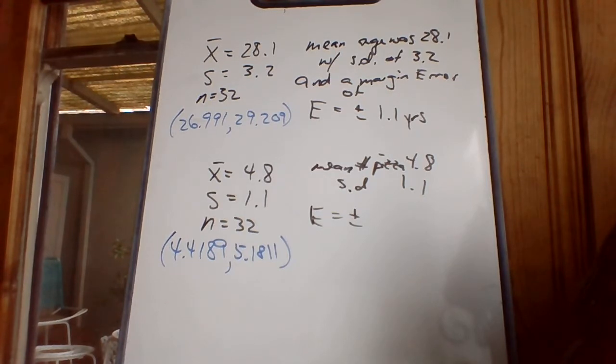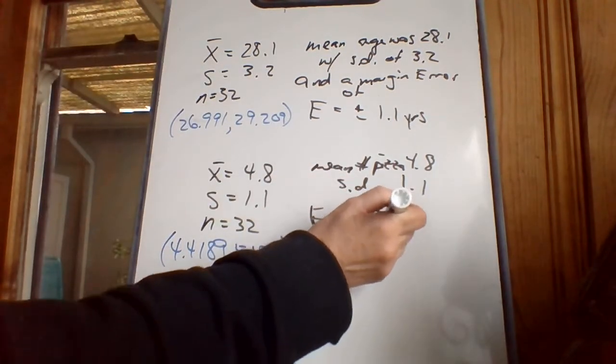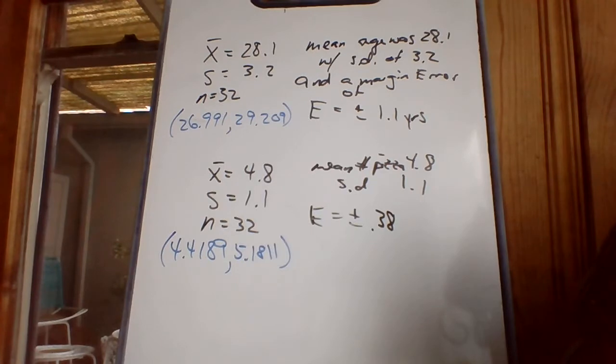Okay, big minus little divided by 2. 0.3811, I'll just call it 0.38. Okay, so that's what the next part of the project is. You make 2 slides where you've done all that work.